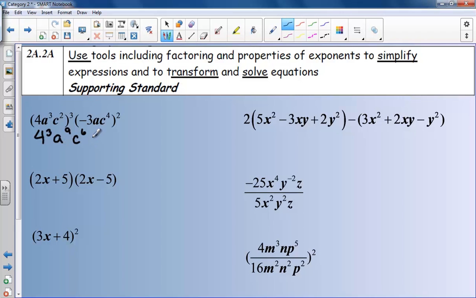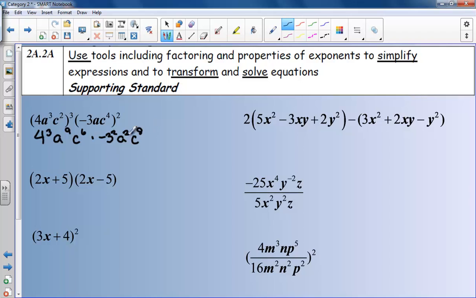So there's my first term, and I'm multiplying that by -3 to the second power, a to the second power, and c to the 4th power twice, or c to the 8th power.